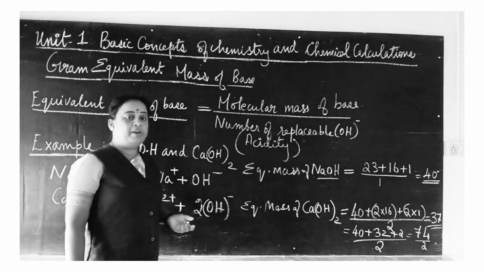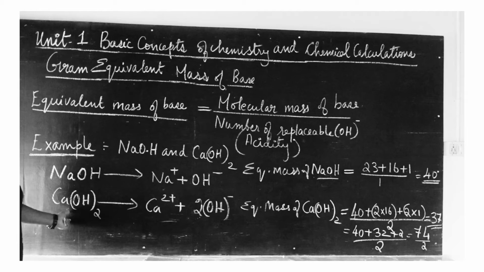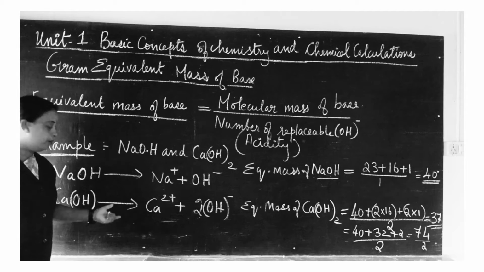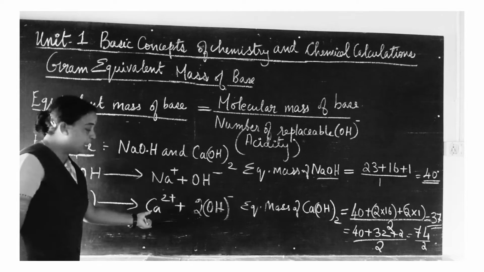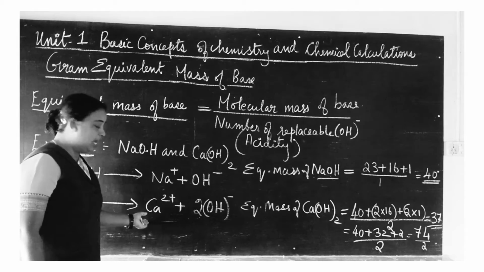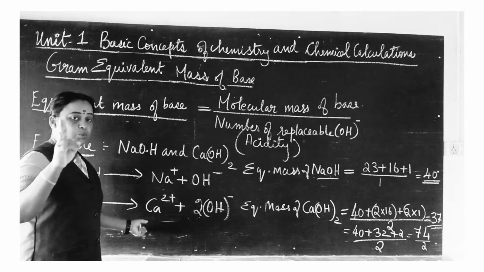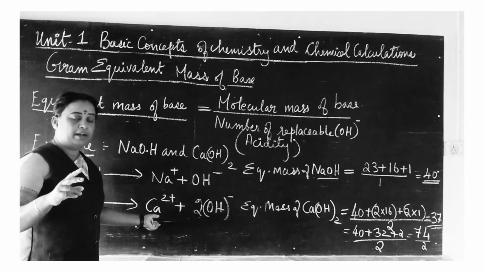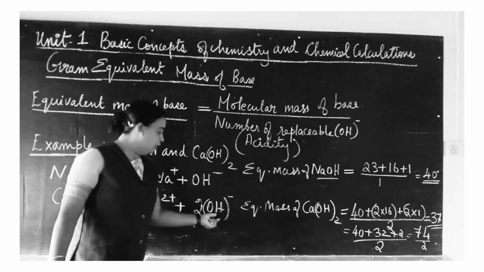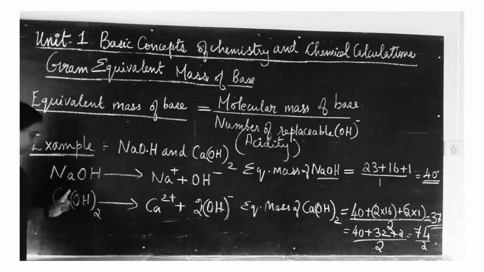Another example. The formula for calcium hydroxide is Ca(OH)2. When calcium hydroxide undergoes dissociation or ionization, it forms the Ca2 plus ion, the cation, with the charge of positive 2, and 2 OH minus ions. Two hydroxyl ions are there because the formula itself contains 2 hydroxyl groups, as you can see from the bracket.